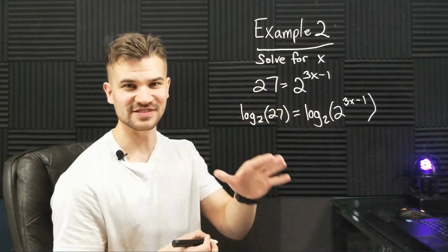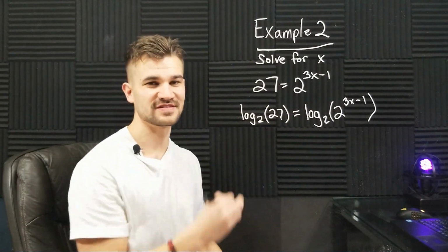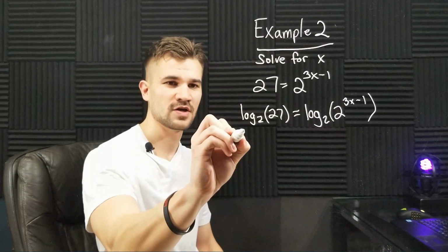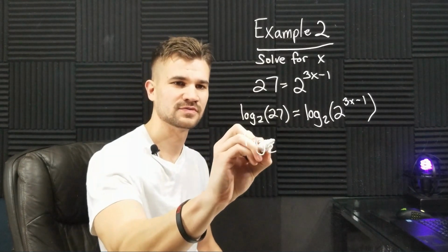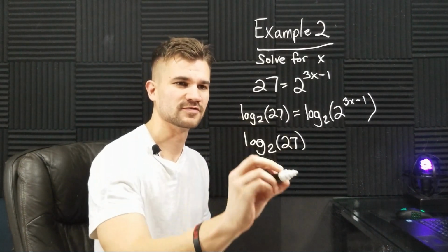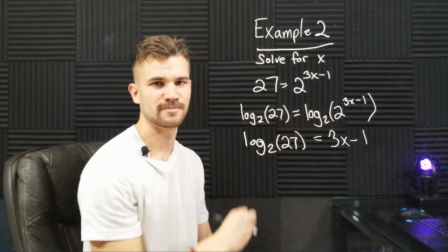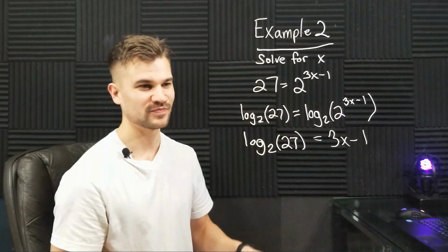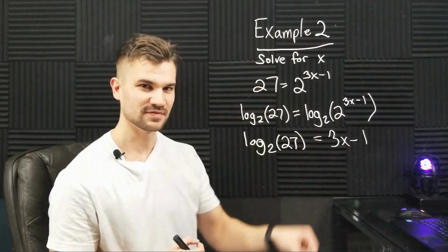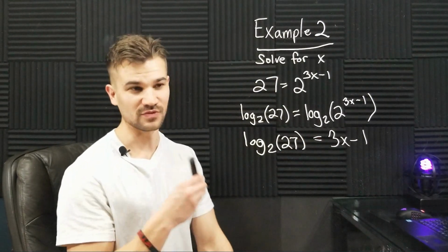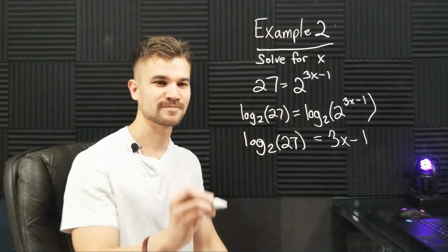From now on, we're just going to skip this step. We know that this is going to cancel, so we can just write that the log base 2 of 27 equals 3x minus 1. Now what's happening to x? Well, 3 times x minus 1. Last thing is that minus 1, so do the opposite, add 1 to both sides.